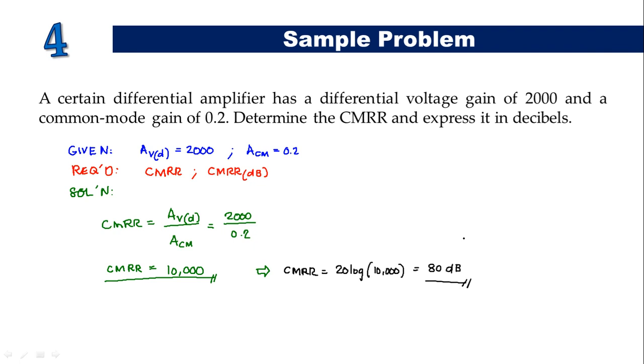For example, if the amplitude of the differential input signal and the common mode noise are equal, say pares silang 1, no? So yung desired signal will appear at the output 10,000 times larger or greater in amplitude than the noise. So nasusuppress natin yung noise.